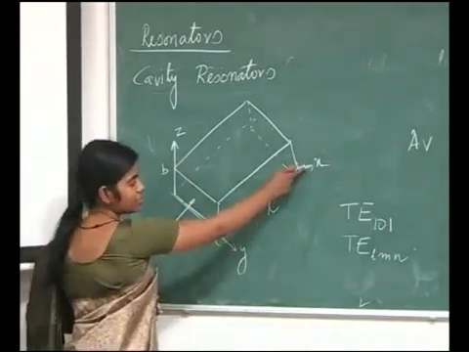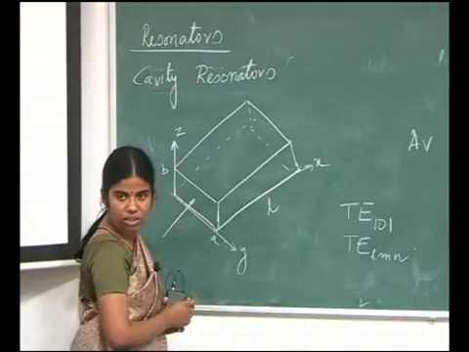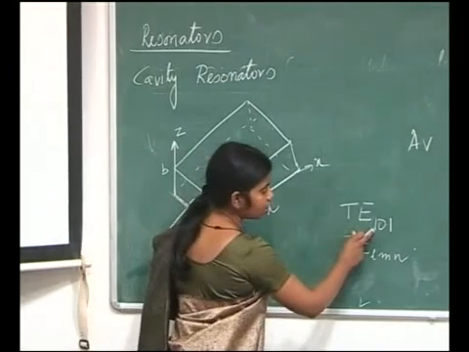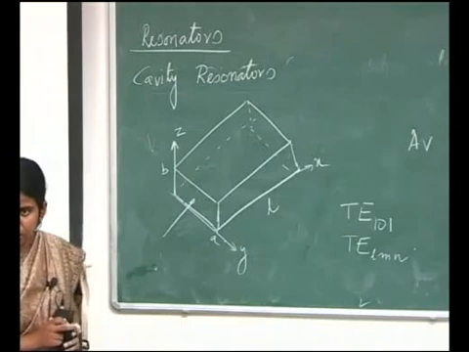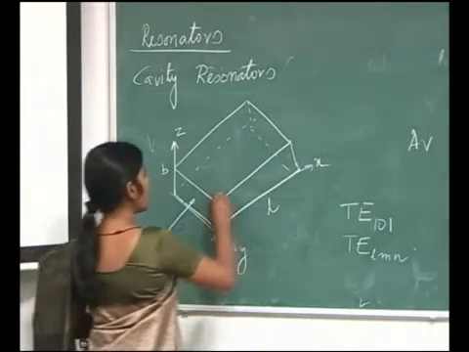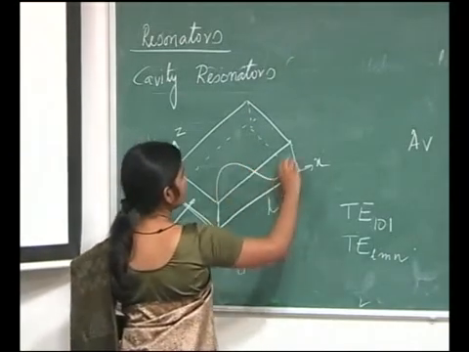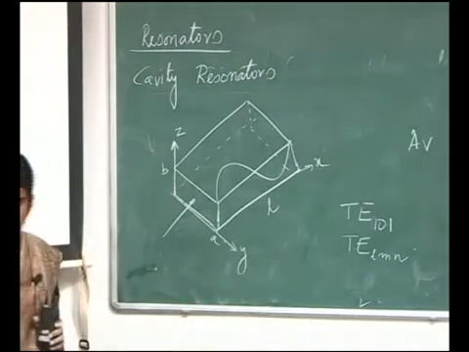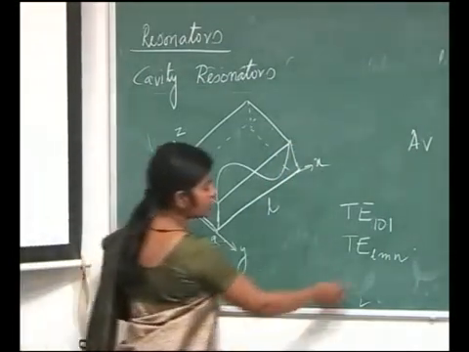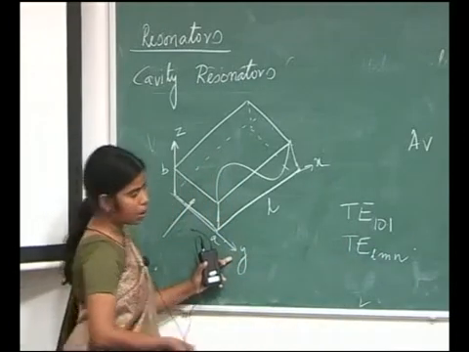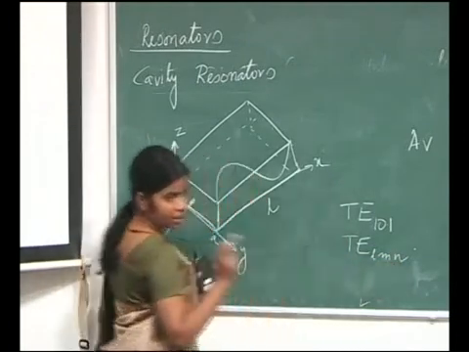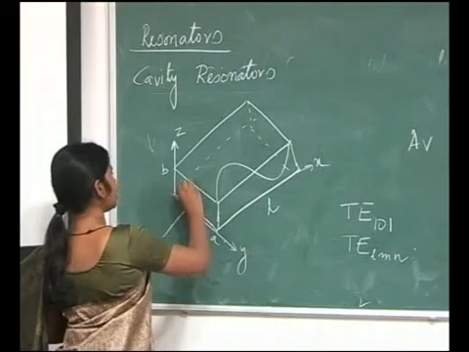Now this is the L direction. So along the L direction, it will complete one cycle. So I will have something like this here. Along the m direction, it is 0, nothing is there. But along the n direction, again it is completing one cycle.